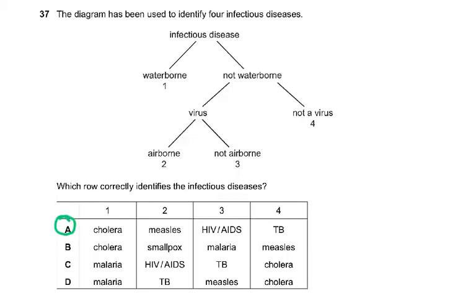Then coming to question number 37. The diagram has been used to identify 4 infectious diseases. Infectious disease 1 is waterborne, not waterborne. Then not waterborne can be a virus, airborne, not airborne, and not a virus. Which row correctly identifies the infectious diseases?